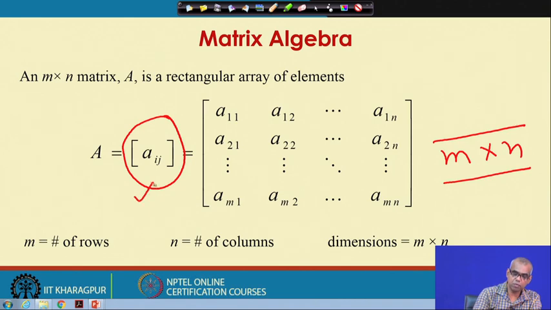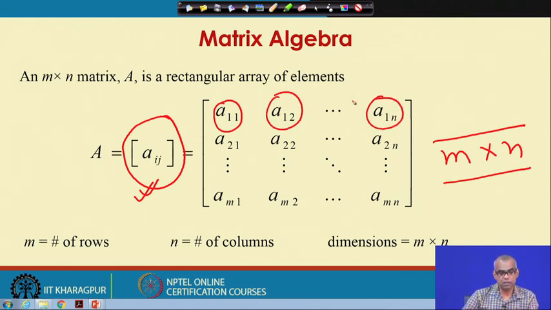So, it can also be represented as this, where small a_ij represents each element of the matrix. The usual notation is ith row, jth column.